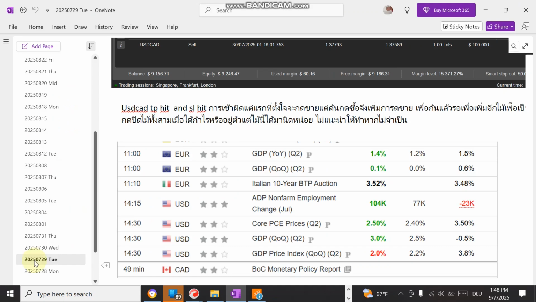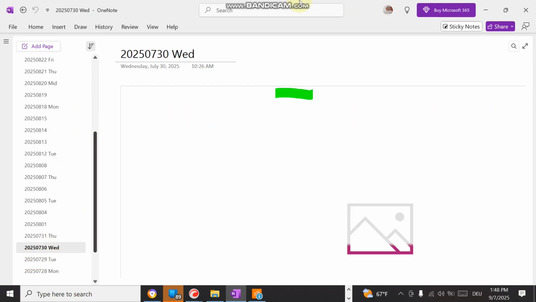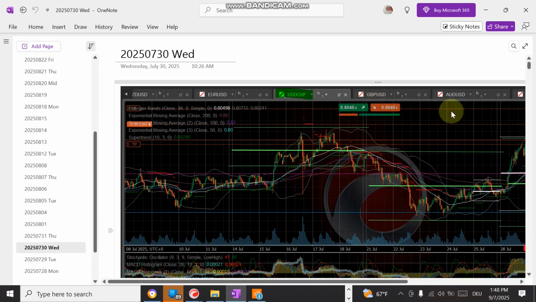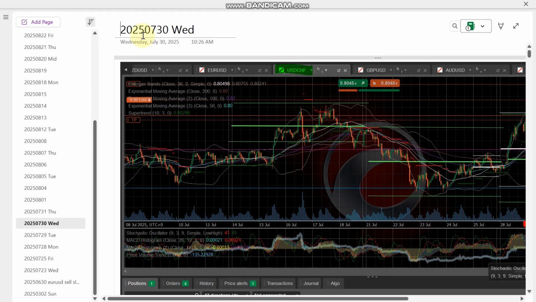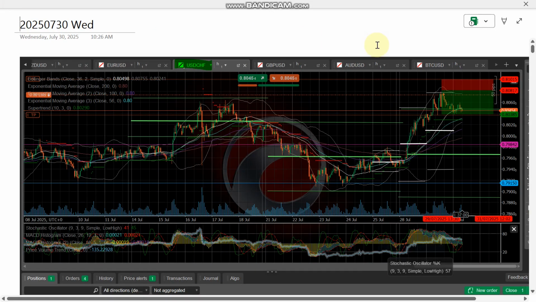Next day, Wednesday the 30th, the end of the month, or I don't know, July, yeah, it's the 31st tomorrow, Wednesday. Today, Wednesday 30, US Swiss franc sell limit.